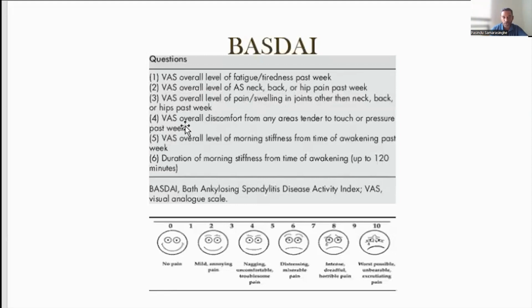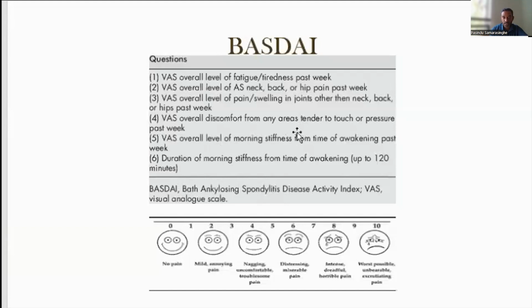And the fourth domain is the overall involvement. And the fifth one is morning stiffness. So it's very important in spondyloarthritis. So in active disease, you have morning stiffness. So out of 10, what's the degree of morning stiffness the patient scores. And the sixth one is the duration of morning stiffness.